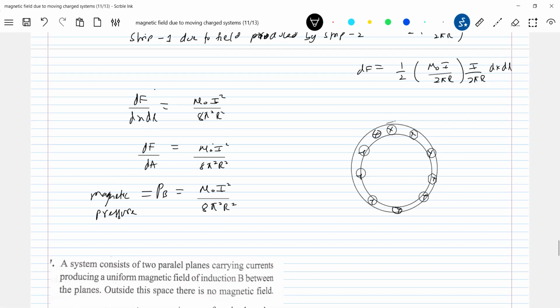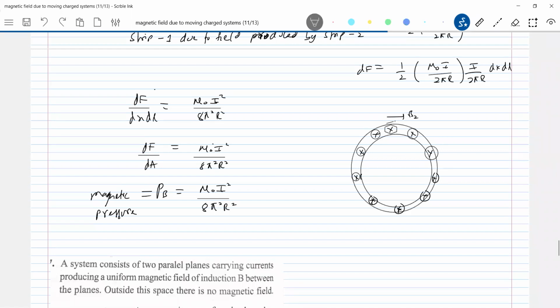There are only two options, radially inward or radially outward. B bar is tangential, no? Put B bar, put finger, pointing finger, and middle finger. When you twist your arm, it will come radially here. So this will be dF like this. So everywhere the force will be like this.